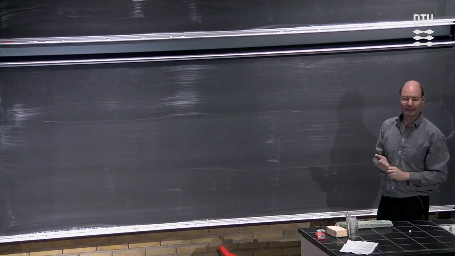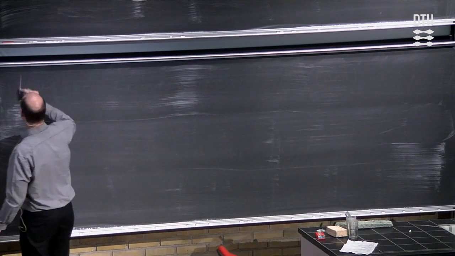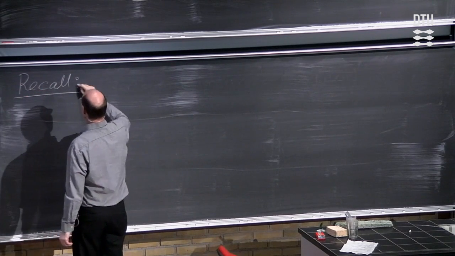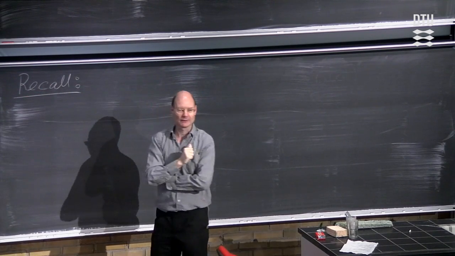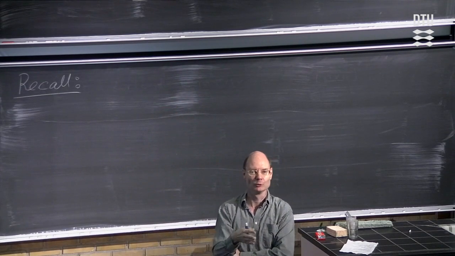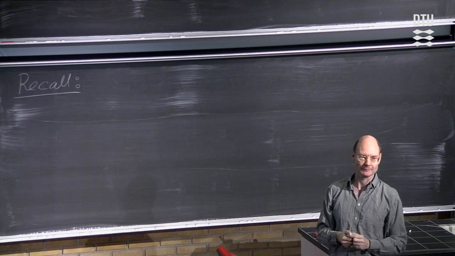Okay, let's again look at something that you know. The way we will develop the theory is actually to play ping-pong with what you know and what is new. So we always go back and look at something you know, and then we move it to the new setting.